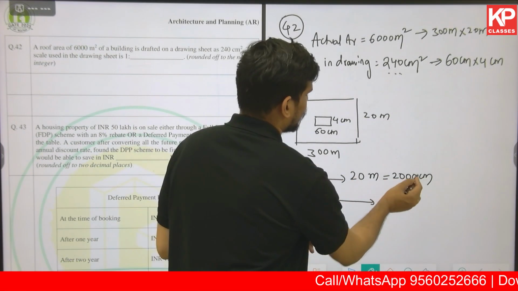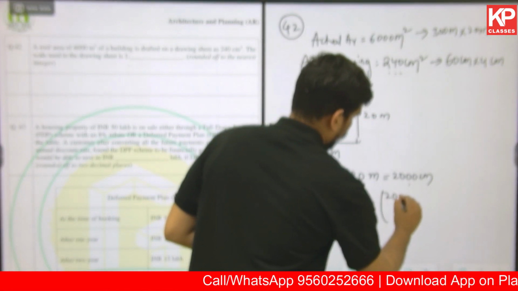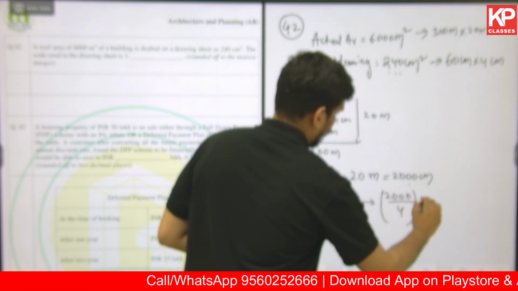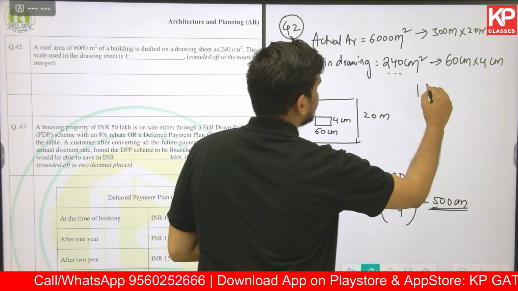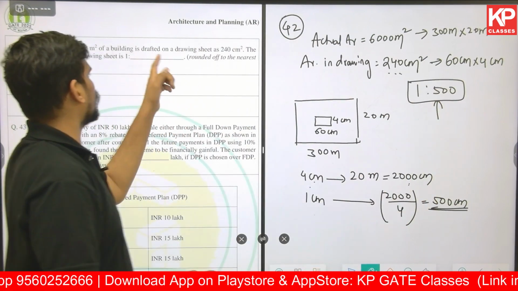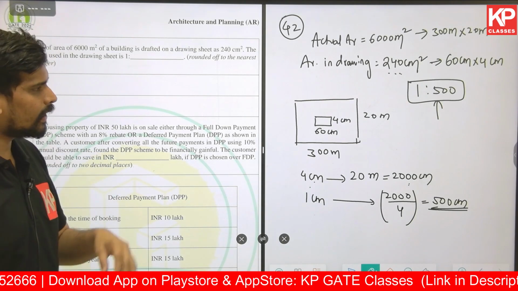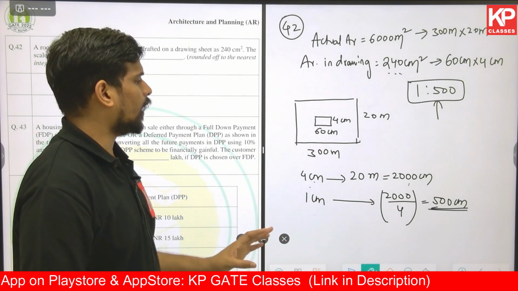If 4 centimeters is 2000 centimeter, 1 centimeter is going to be 2000 divided by 4. That will come out to be 500 centimeters. So the scale is 1 is to 500. They have already written 1 is to, so your answer for this question will be 500. Answer in the nearest integer, so exact 500 will be the answer.